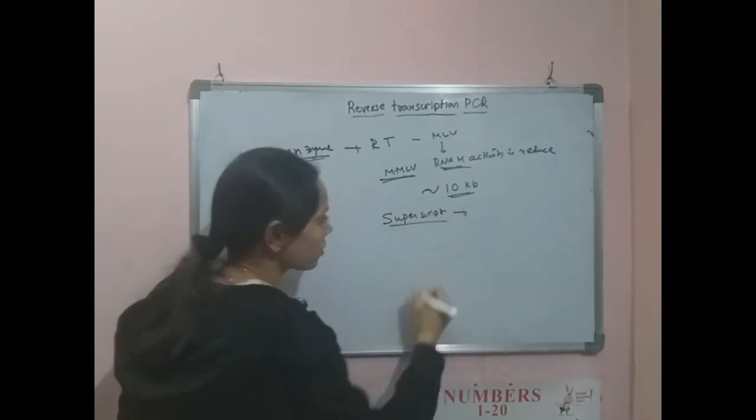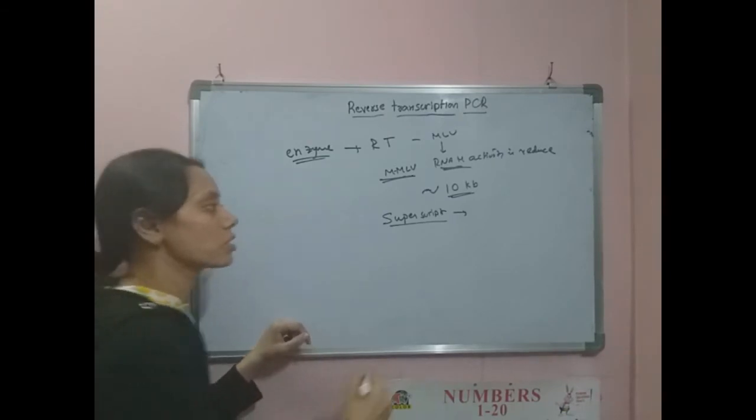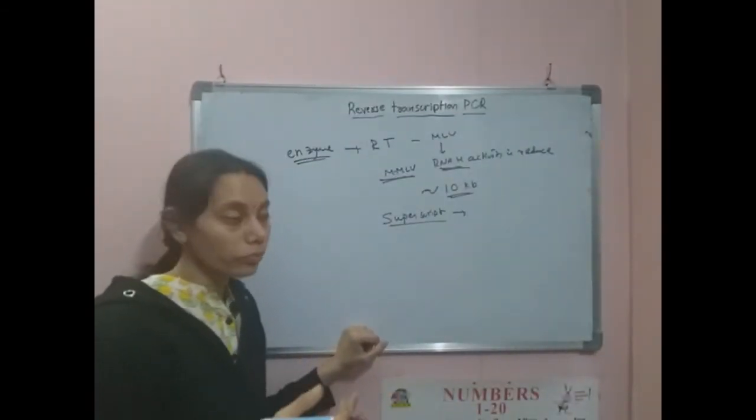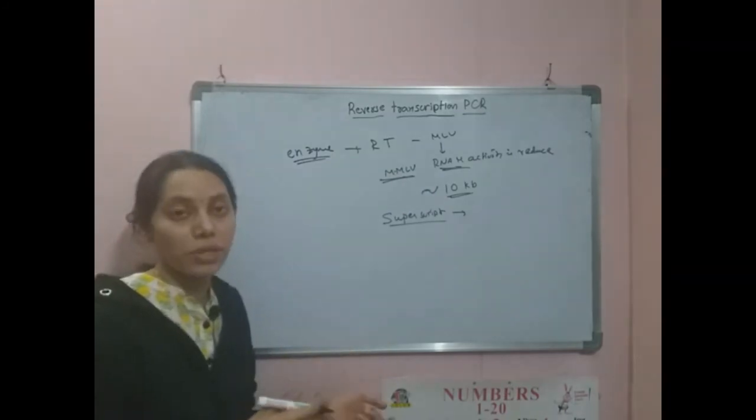In the SuperScript enzymes which are widely used, there are SuperScript 2, 3, and 4, and each one is more advanced than the previous.